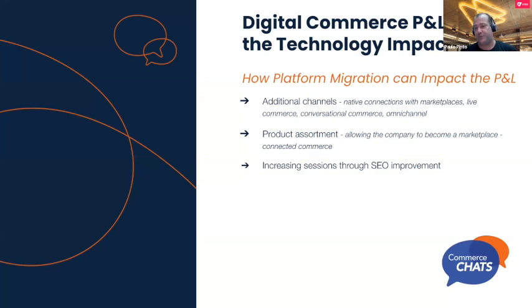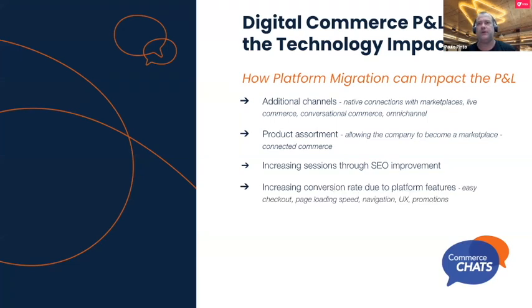The SEO improvement. Different platforms have different ways to do all the search engine optimization, right? So some platforms will, in the end, bring you more traffic and increase the number of sessions. Another one is the conversion rate. So if we remember number of sessions times conversion rate times AOV, if you increase your conversion rate, you're immediately increasing your revenue.